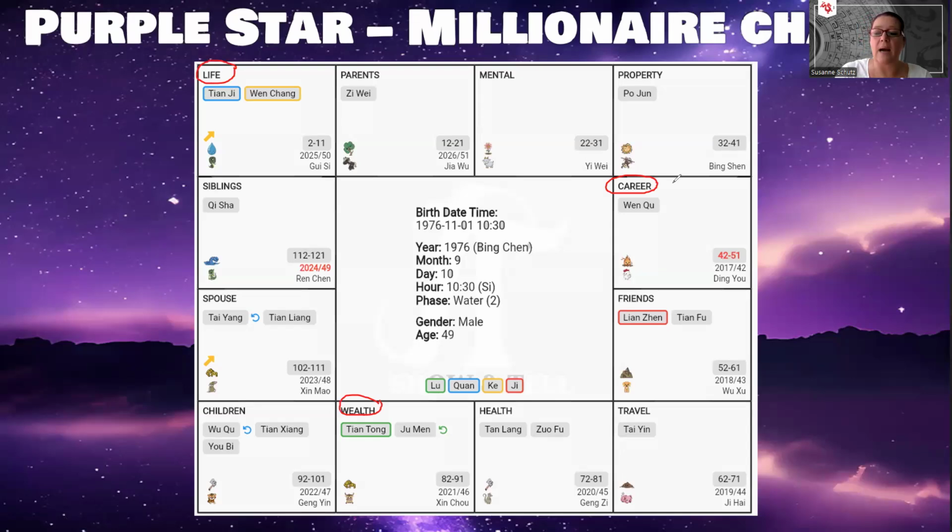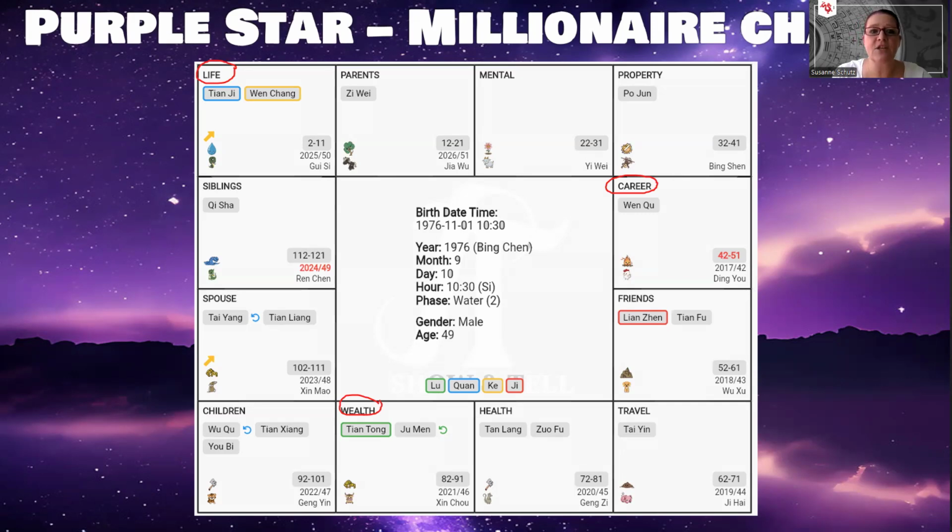Now, this particular millionaire formation is formed when we have the birth lu, the birth ke, and the birth quan found in those three palaces. And it is called the three precious formation. Now, what does that mean?